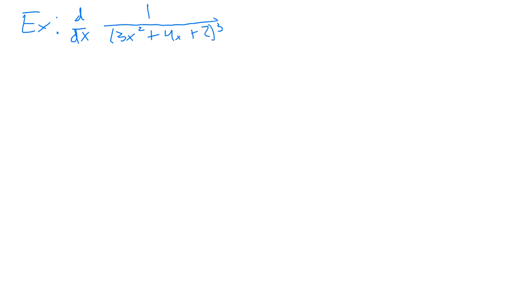So now let's go ahead and think about how we can relate this to power and chain rule. First thing we can do is relate this to power rule by rewriting our function as (3x squared plus 4x plus 2) all to the negative 3. Now we have something that is in terms of power rule, and we also have something in terms of chain rule. So now let's go ahead and plug everything back in.